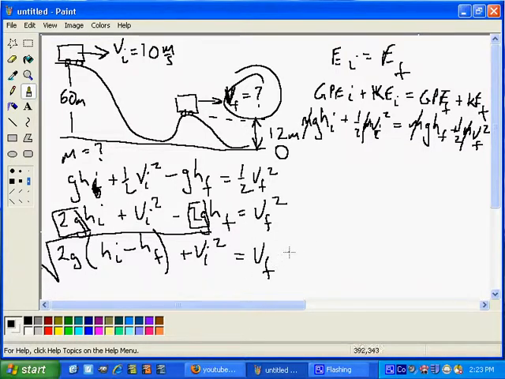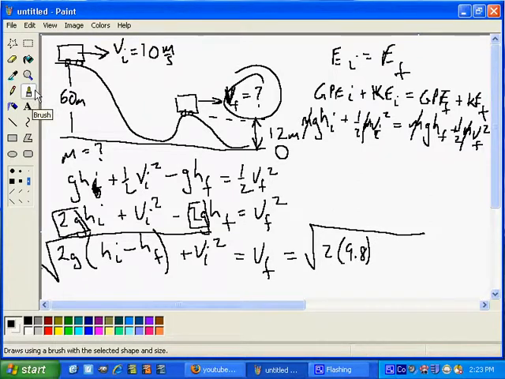Okay? Now this is going to turn out to be the square root of 2 times 9.8, that's meters per second squared, and then multiplied by h i, which is 60 meters minus 12 meters.